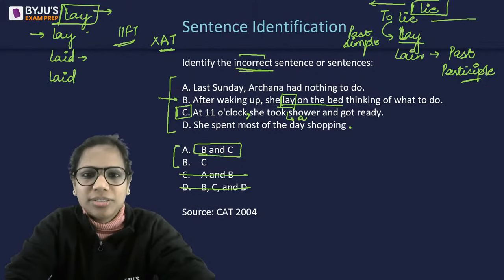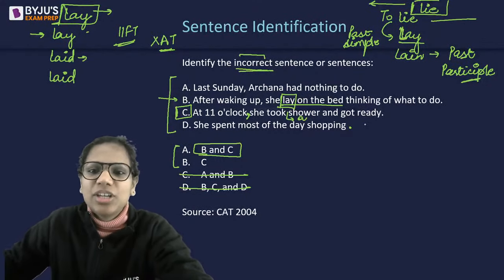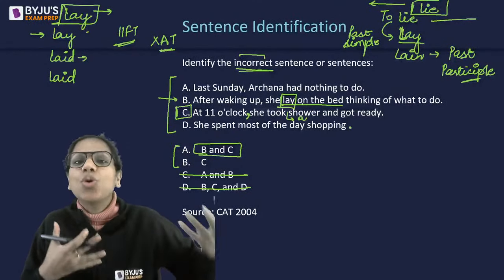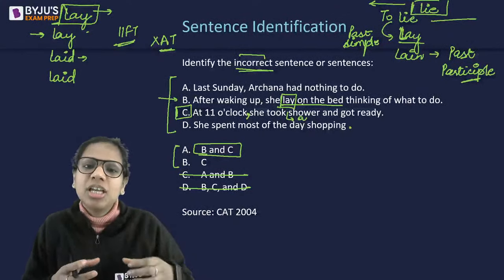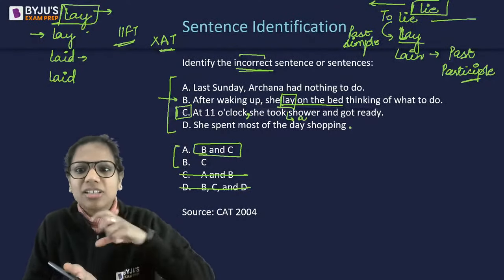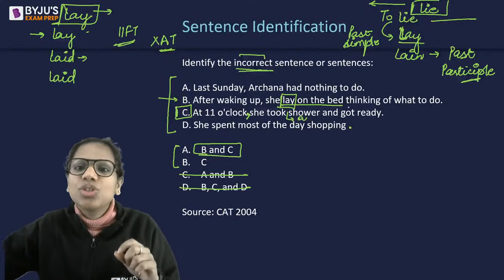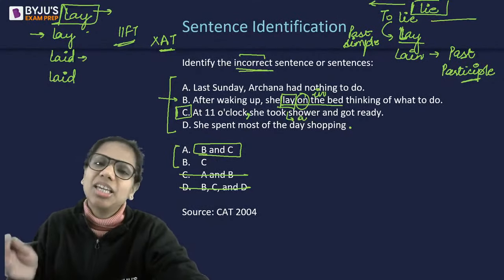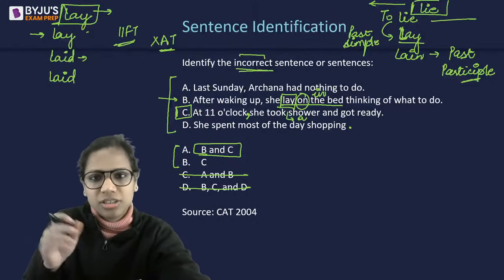So basically, when I use lay, that means she was still in bed. She hadn't woken up. When we talk about someone sleeping, when we talk about someone being under the bed covers, then we use the preposition in. So she lay in the bed, even we can remove the, even that will be fine.